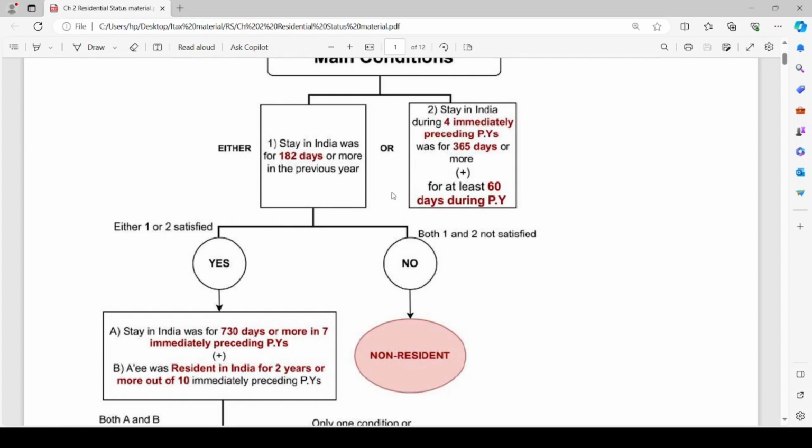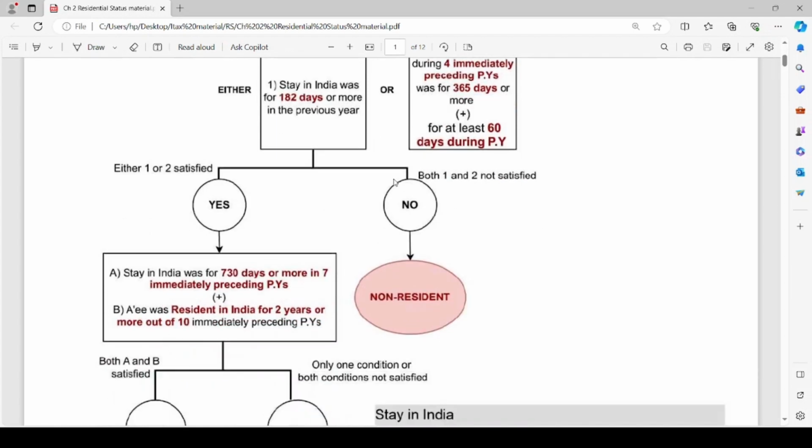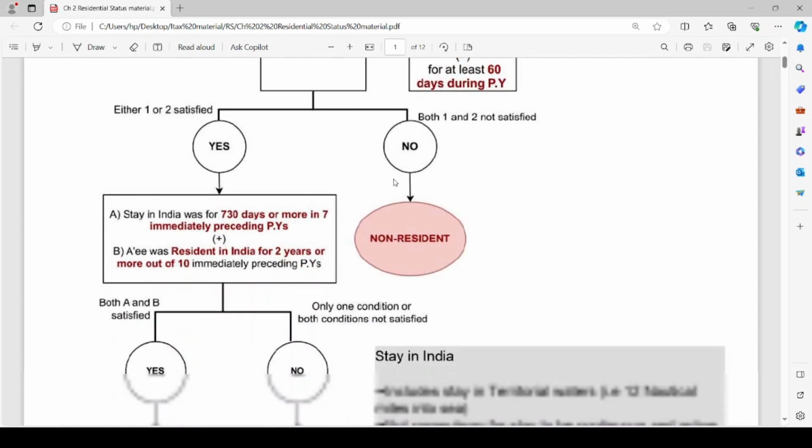But if the main conditions, either 1 or 2, are satisfied, in such a case we will head to additional conditions to determine his residential status.